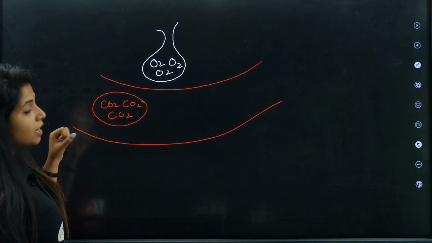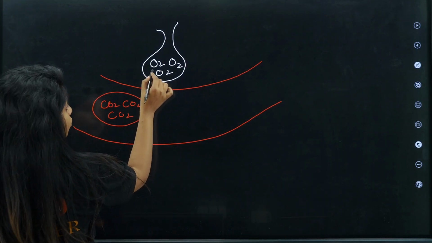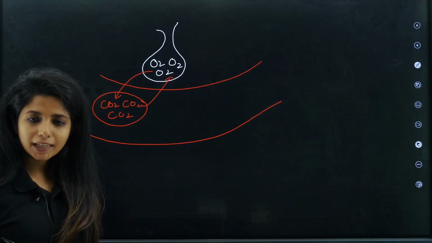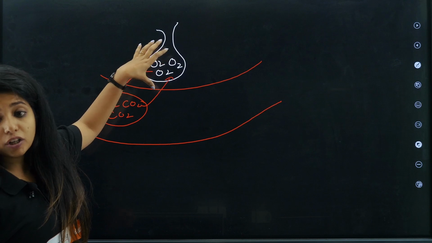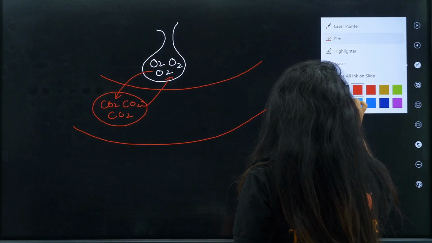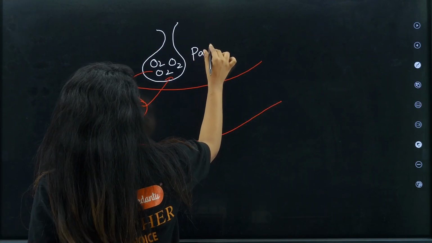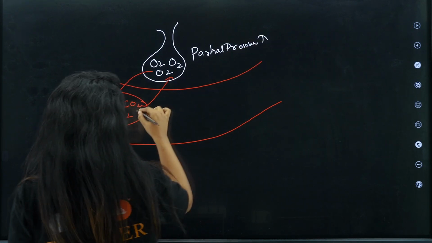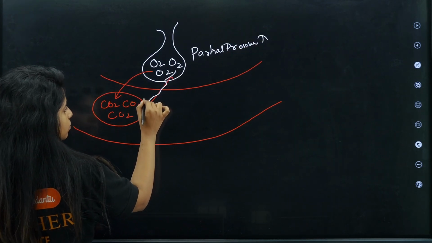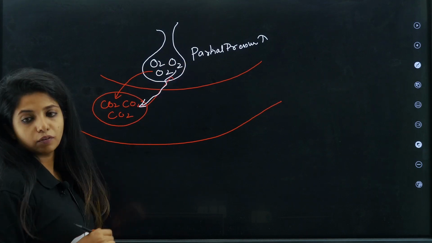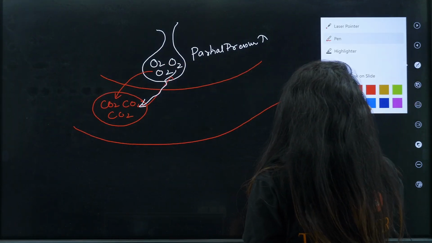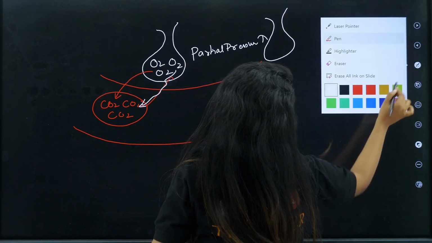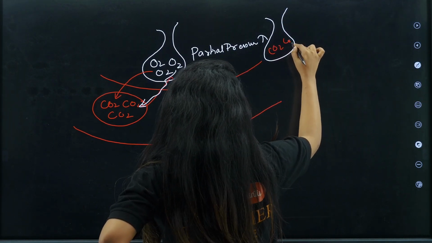Okay, so now what has to be done, children? This oxygen should be moving here and this carbon dioxide should be moving there. So that is what exactly happens. Oxygen, because of its partial pressure, or basically its concentration is higher over here and lower over here, will move down towards this side, whereas carbon dioxide will be moving towards that side. So I'll say your alveoli, which was like this, will now be like this.